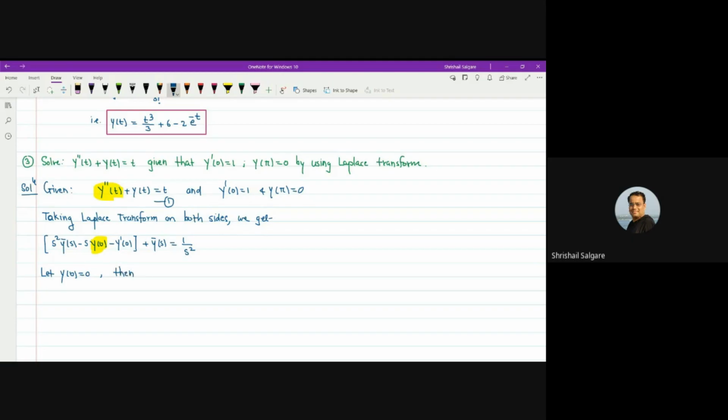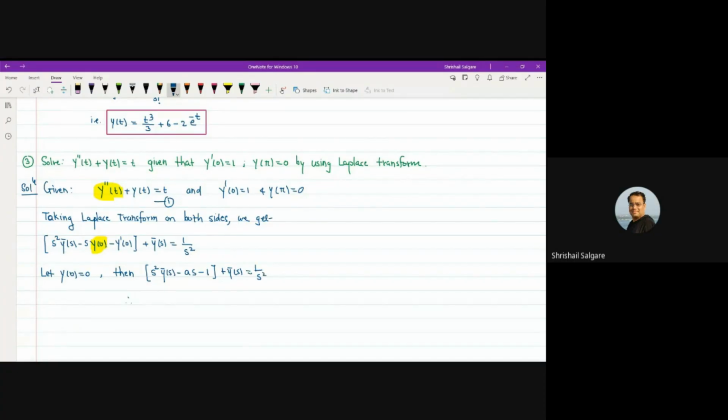Then this expression can be written as s square into y bar of s minus a into s minus 1, because I am assuming that y of 0 is a constant and y dash 0 is 1. Now after this, plus y bar of s is equal to 1 by s square.